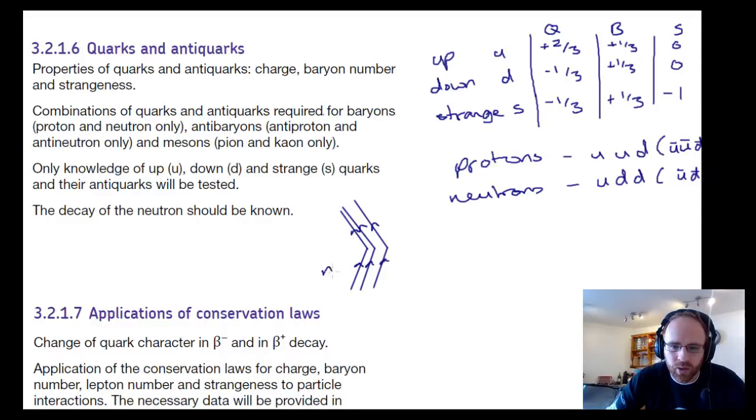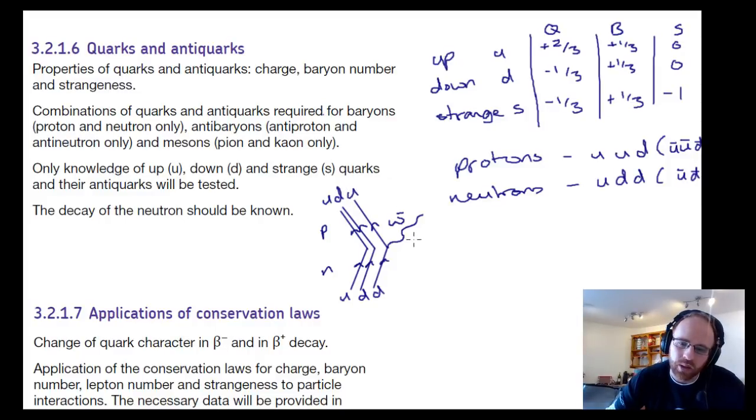When a neutron decays into a proton, it goes from up, down, down to up, down, up. So that down quark, which is slightly heavier than an up quark, decays by emitting a W minus boson. So it's going from minus 1/3 charge to plus 2/3 charge.